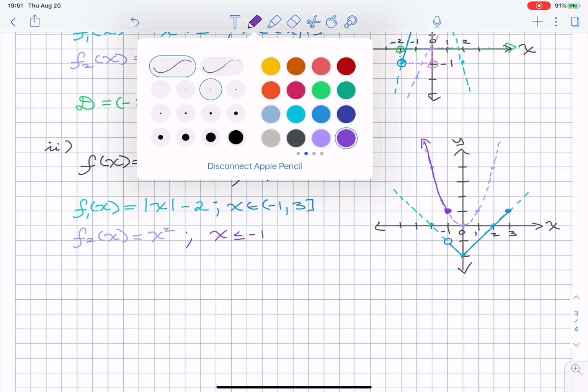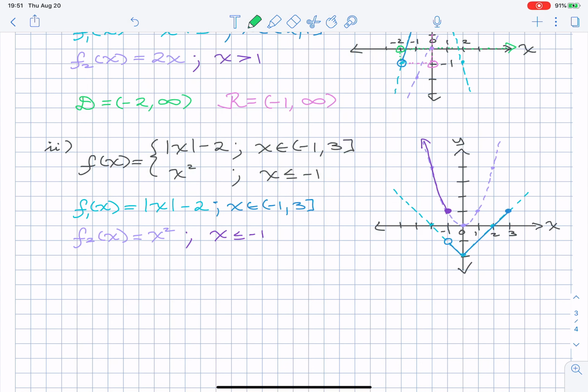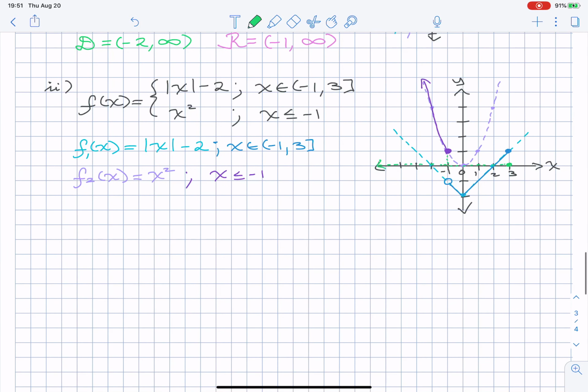Now let's look at the domain. If I project onto the x-axis, I'm going everything to the left, and to the right only to 3. So my domain will start at negative infinity because of the arrow on the purple part, but then it stops at 3 for the blue guy.